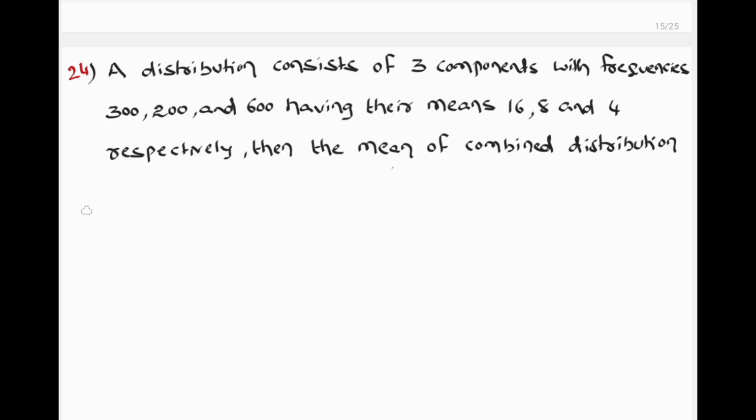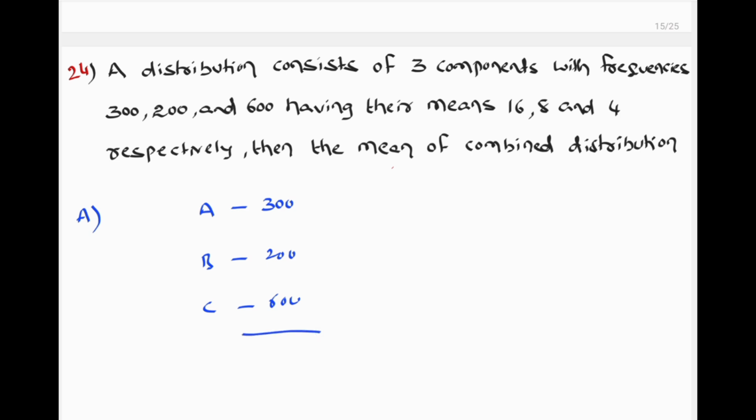So in the given problem, a distribution is having three components. I am taking some A, some B, some C. A is having the frequency 300, B is having the frequency 200, C is having the frequency 600.